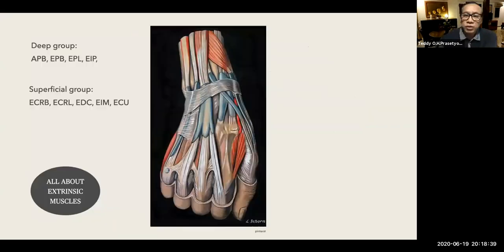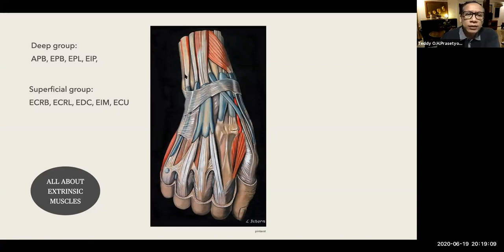Now, again, a different presentation with a better colored picture here, showing the deep group and also the superficial group. Once again, the superficial group involves the EDC here and also the extensor digiti minimi and also the extensor carpi ulnaris.